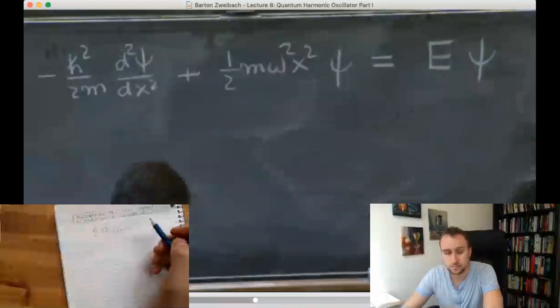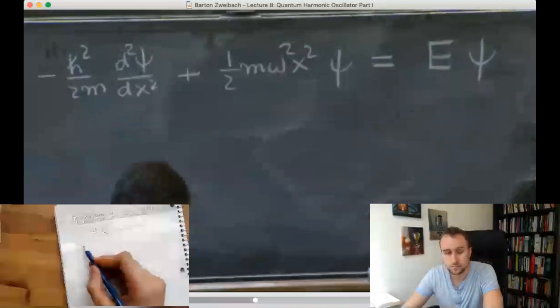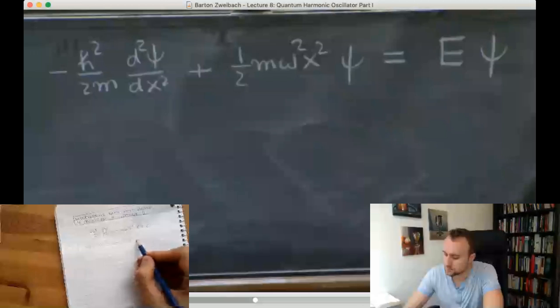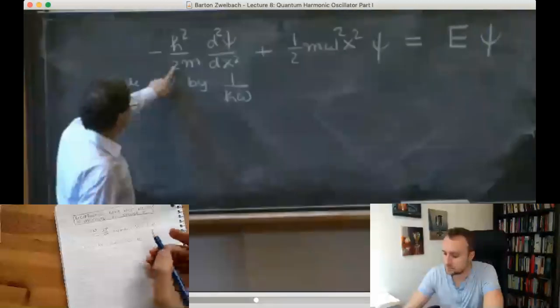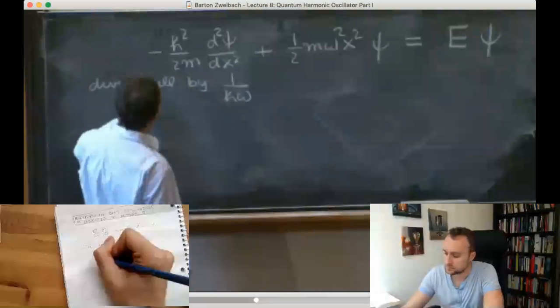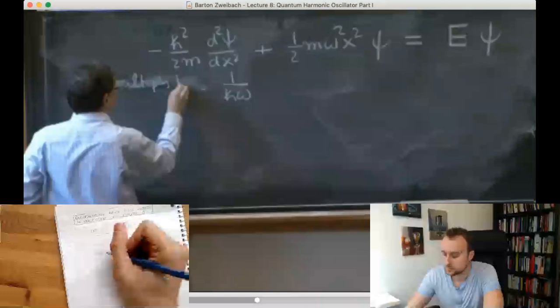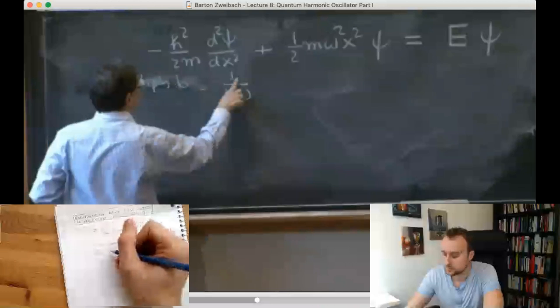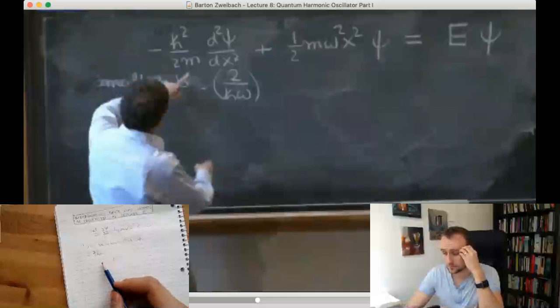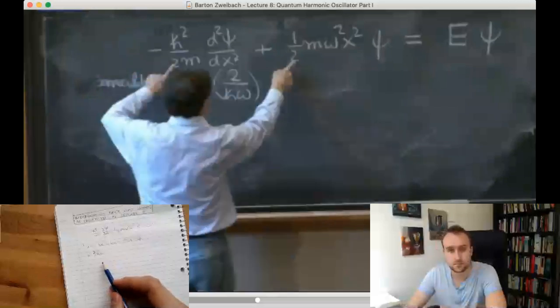I'm going to divide all by h bar omega over 2, so I'm going to multiply by 2. What do I achieve with that first step? I achieve that these 2's disappear.